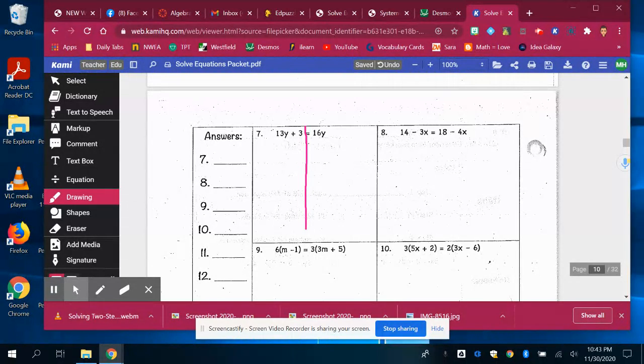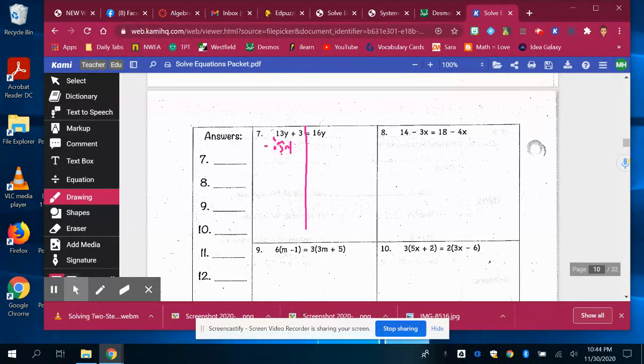Now, I notice that I have a variable term and a constant term on the left and just a variable term on the right. So I'm going to move my variable term that's on the left over to the right because I have something on the left also. So I'm going to move this 13y by subtracting 13y.